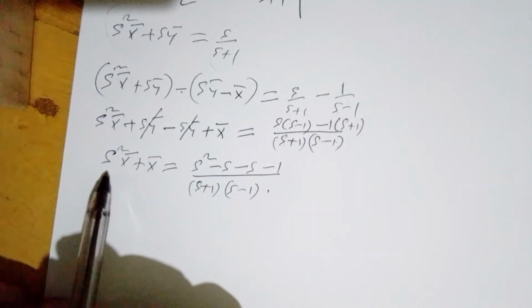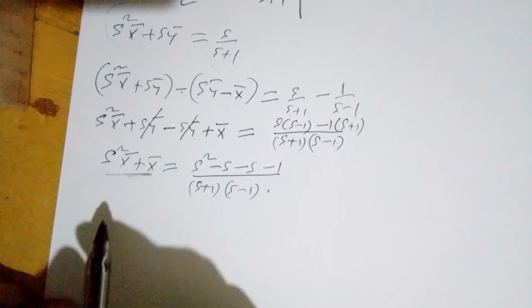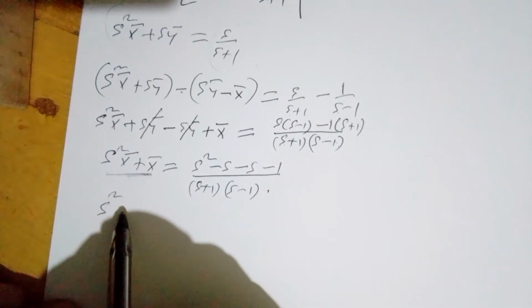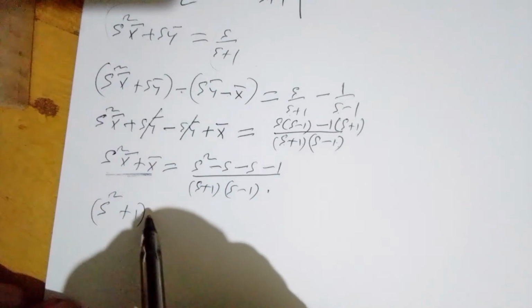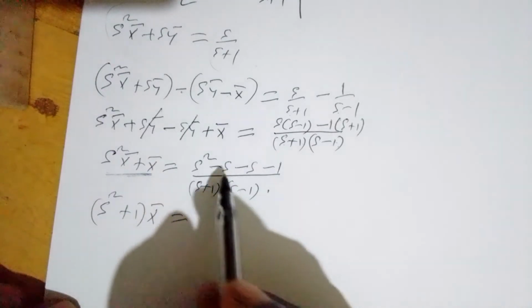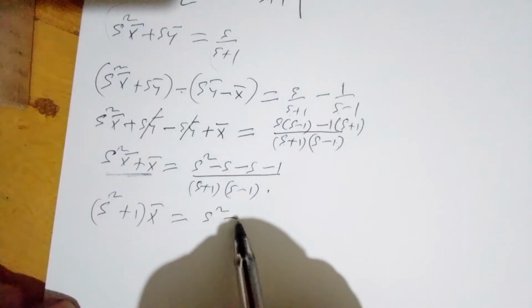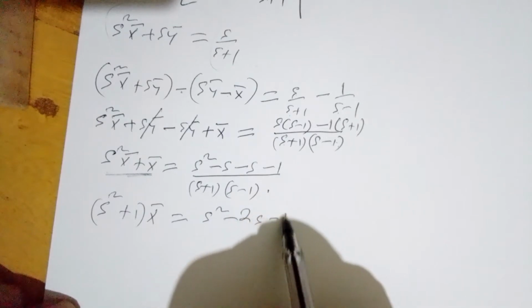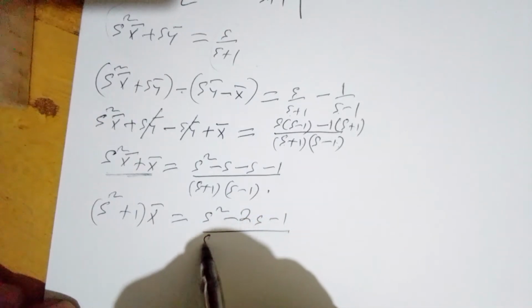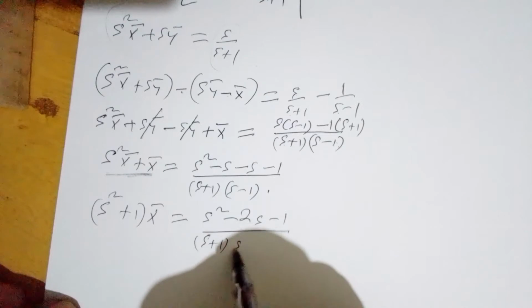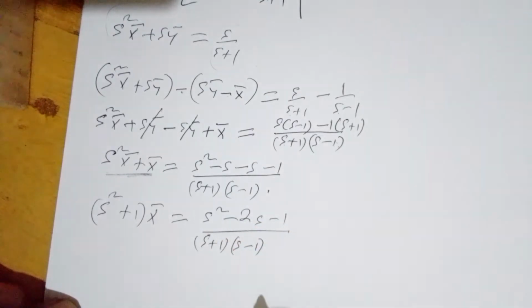So we factorize out x bar here, so that we have s squared plus 1 times x bar equals, now here you have s squared minus 2s minus 1 all over s plus 1 times s minus 1.